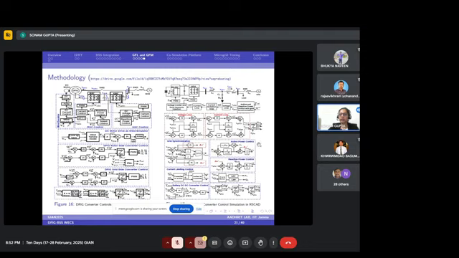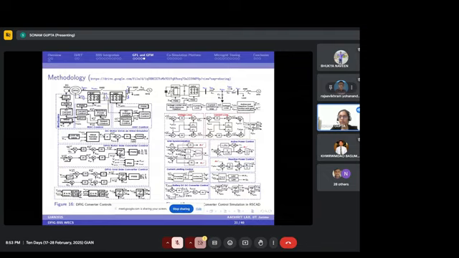So here the main implementation depends upon the virtual synchronous based control. What we have done is the main thing on the synchronization: how we have made the synchronization possible for the grid forming battery storage system to the DFIG, so that it will run in the standalone mode operation.